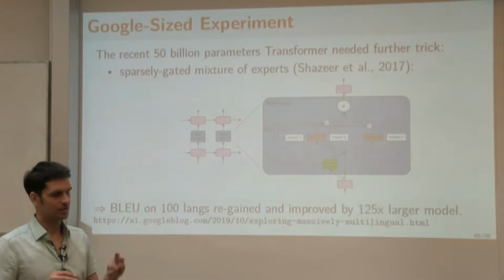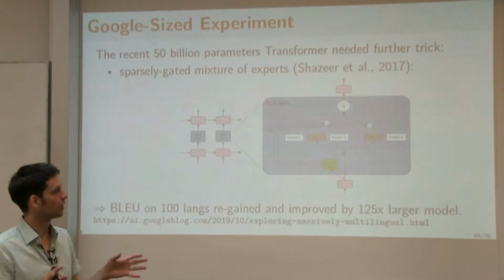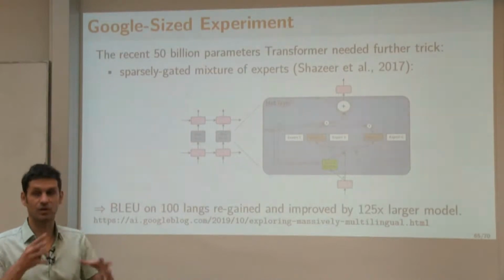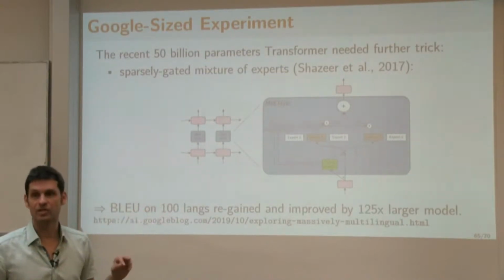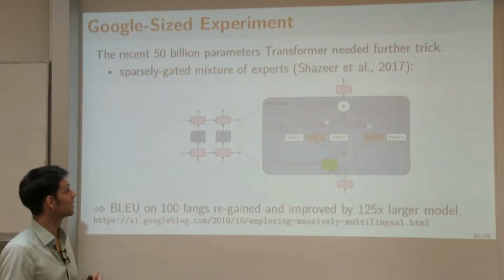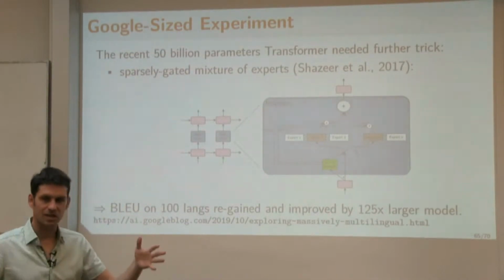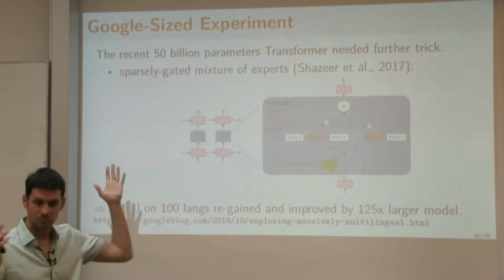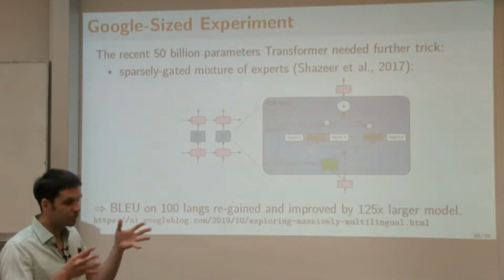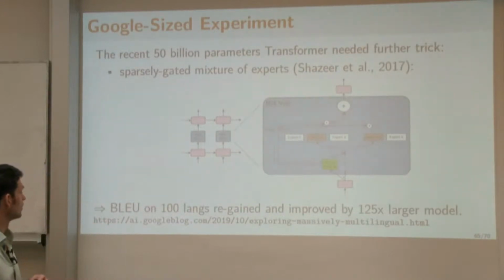But still, the experts have the chance to divide the work among themselves. So maybe these experts are specialized for particular languages in the model. That's something which maybe has not been analyzed yet. But the model as such can be much larger, reaching 50 billion parameters, and yet fit on the GPUs.